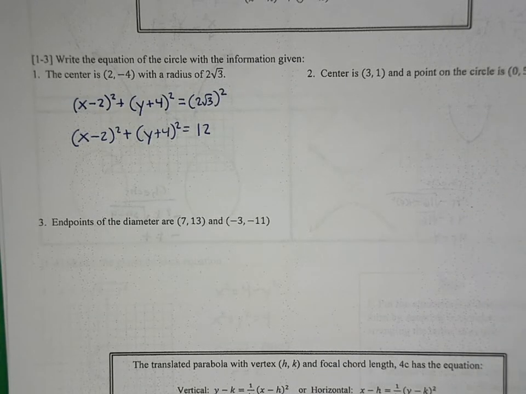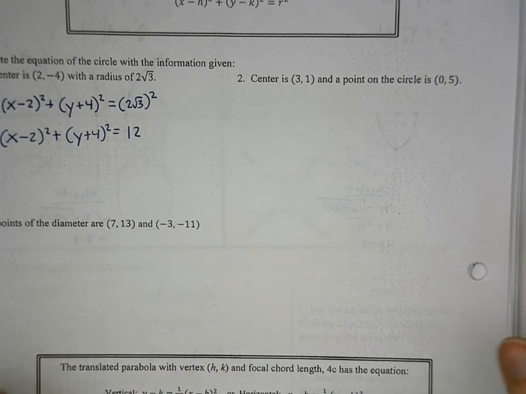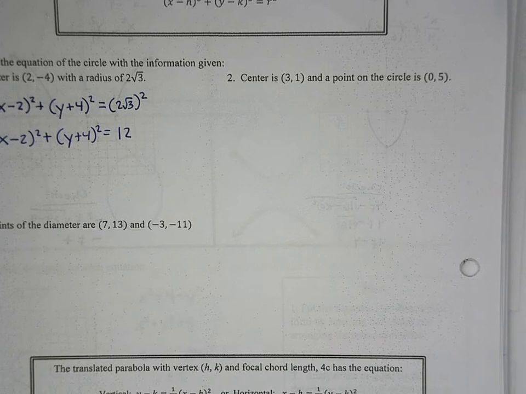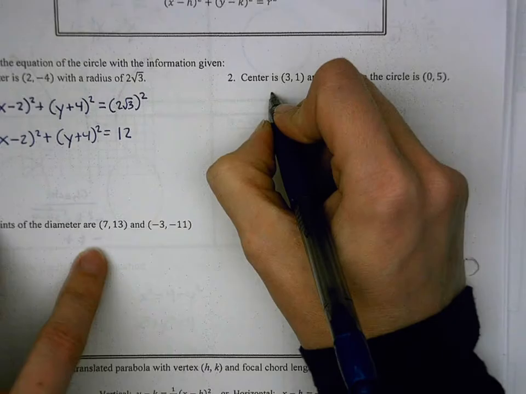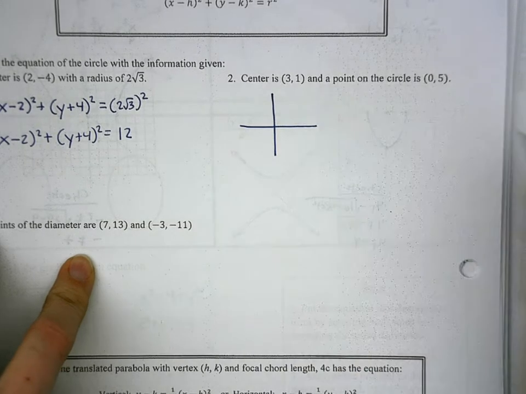Okay. Next up, number two, we have the center is (3, 1), and then you have a point on the circle at (0, 5). So I tend to recommend graphing these.